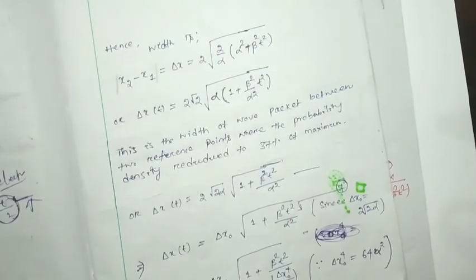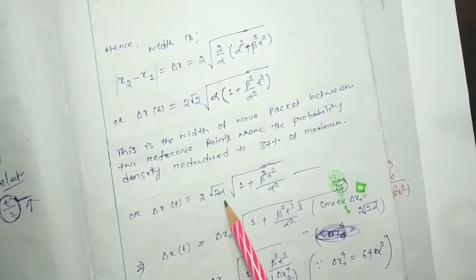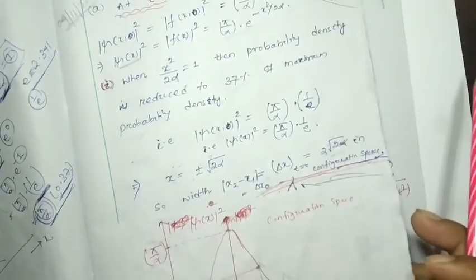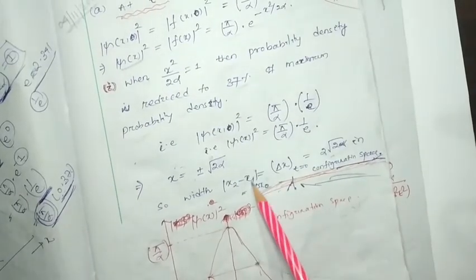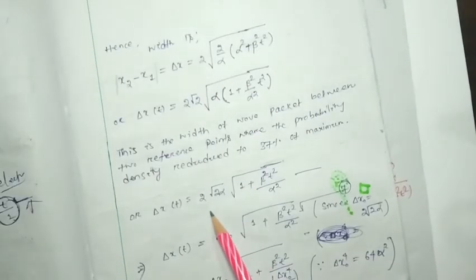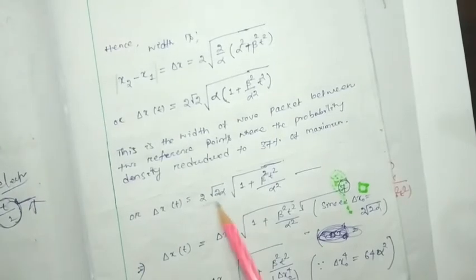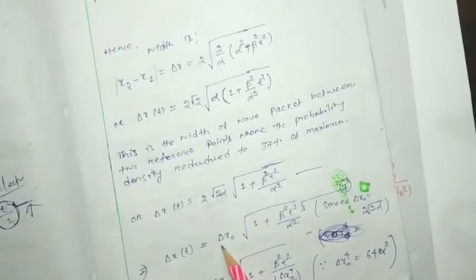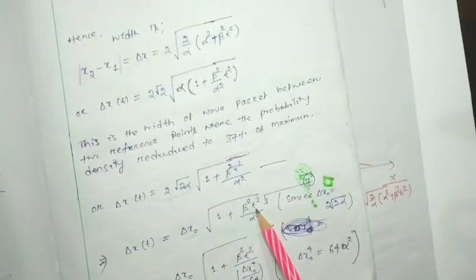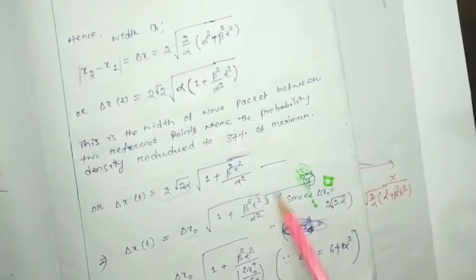And we know that 2 into root over of 2 alpha is our del x 0. Del x 0 is nothing but 2 into root over of 2 alpha, so instead of this we are going to write del x 0 root over of 1 plus this much. I have written this, and this is equation number 7.